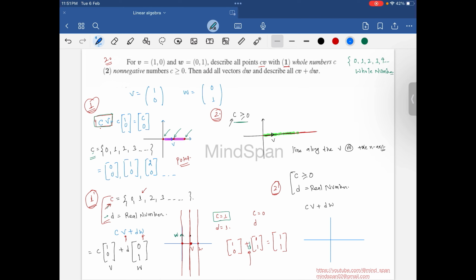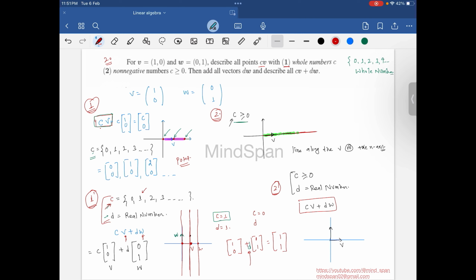So you will get more of this kind of question. Now we have our vector v in this direction and our vector w in this direction, and what is the space that will be described by this linear combination?